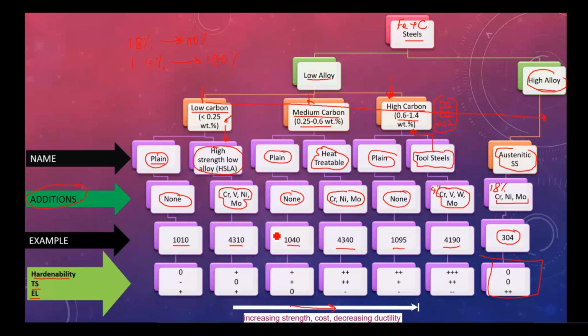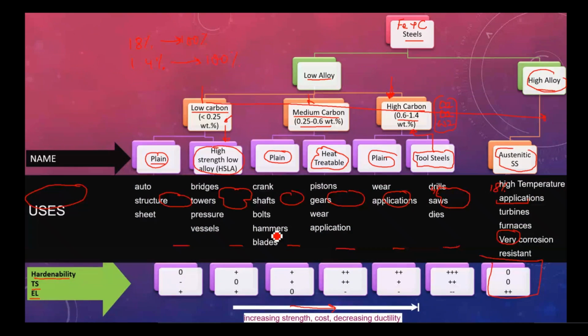Now just look at the major applications of these materials. Plain carbon: auto structure sheet, high strength low alloy, bridges, towers, pressure vessels. Medium carbon plain steels: crankshafts, bolts, hammers, blades. Medium carbon heat treatable steels: pistons, gears, normally used for wear application.